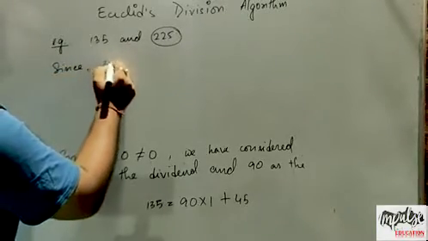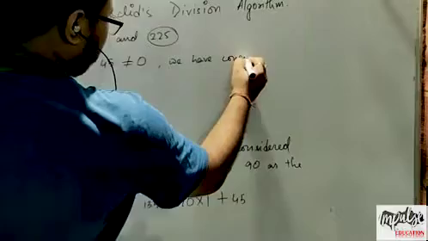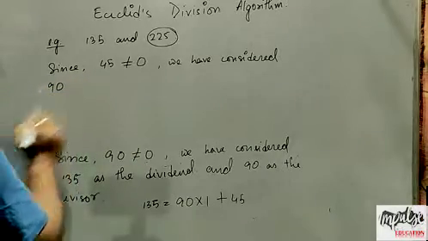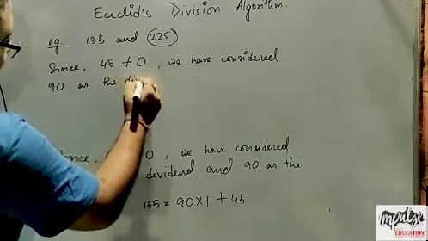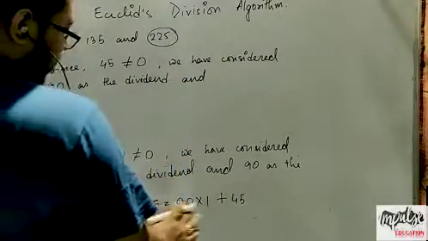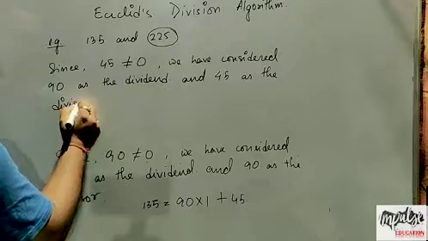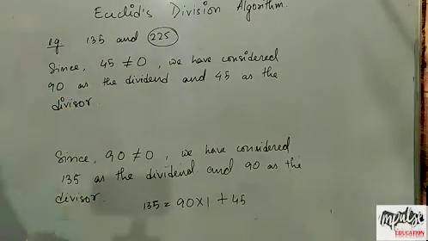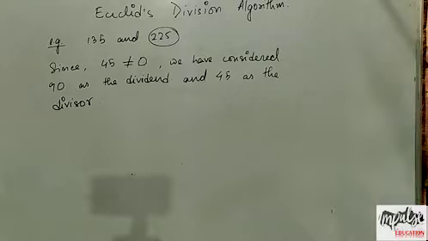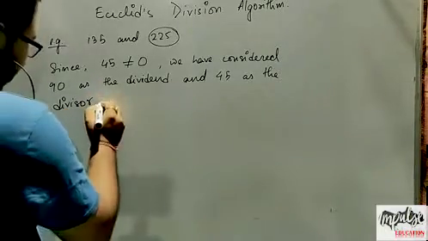Since 45 is not equal to 0, we have considered this to be the dividend, and this one is the divisor. Is it clear? Is it clear to you?